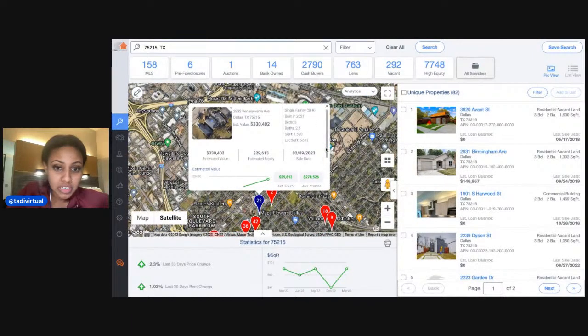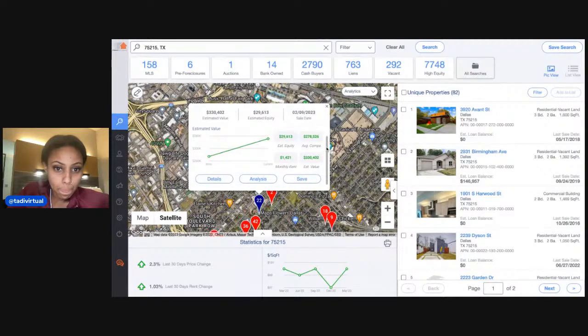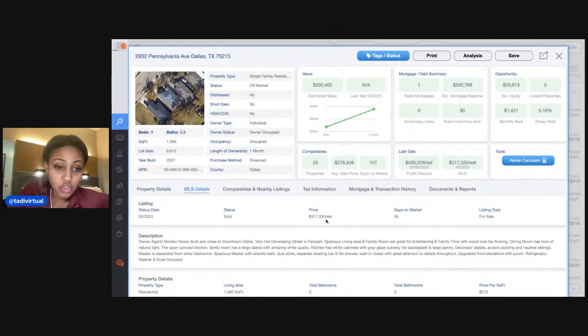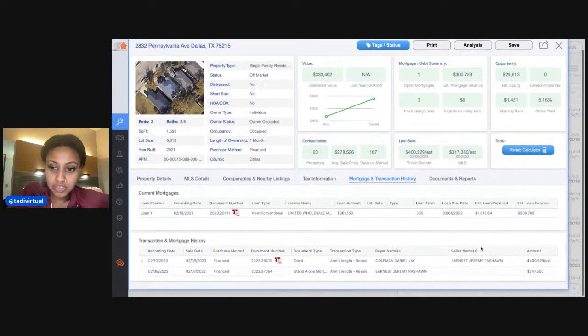This one was built in 2021, and it just sold for $300,000. And usually we can see what the land sold for. Here we cannot see what the land sold for. So in this scenario, same thing, you kind of reverse engineer it. 1,500 square feet at $110 per square foot, this one would be around $170,000 to build.